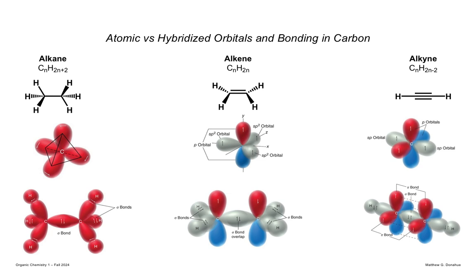So an sp3 hybridized carbon. So this carbon in the middle here, this is now how the sp3 hybridized orbital looks. It's like if you're taking one of the p lobes and making it bigger while the other one shrinks. So that's the shape.